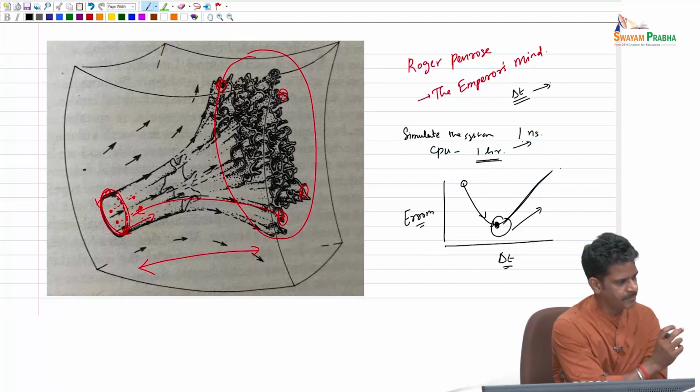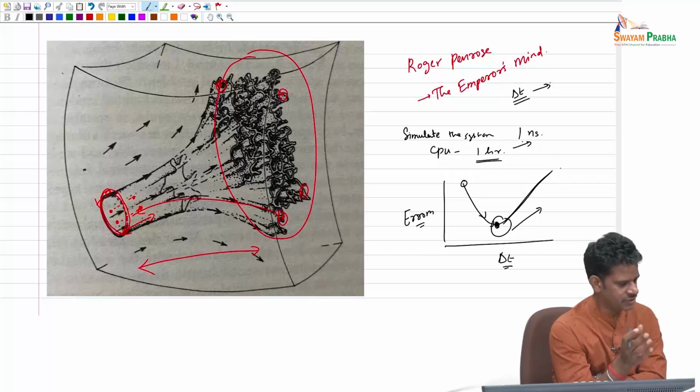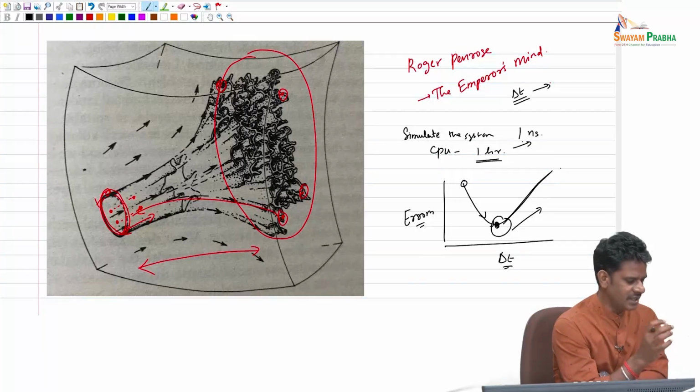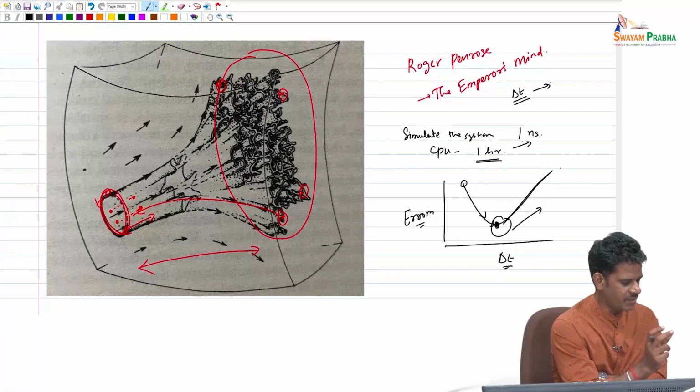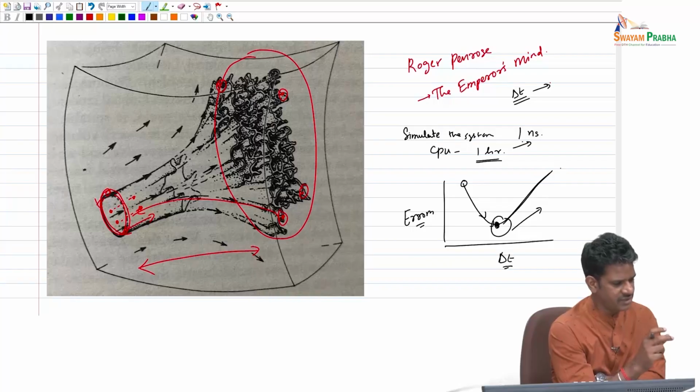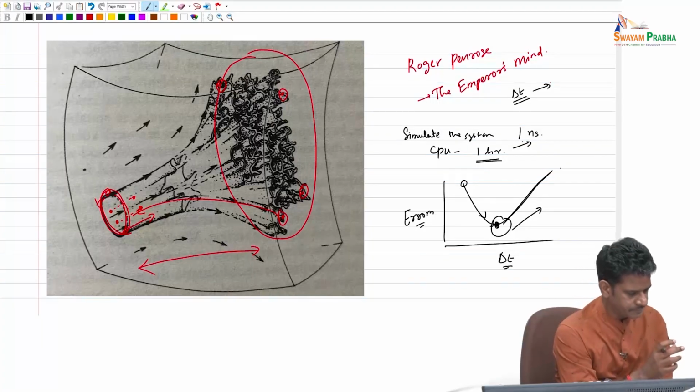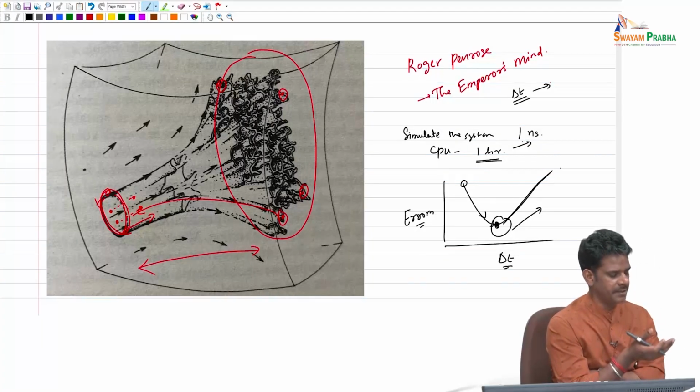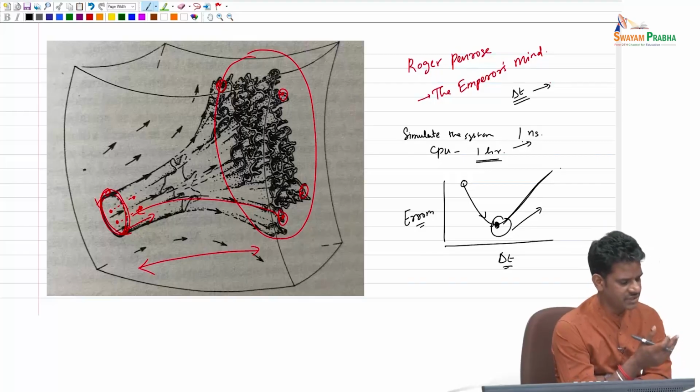You can use a smaller time step for the bond vibration and a larger time step for the molecular motion. The other way is, in the larger time scale, you can imagine that the bond vibration can be averaged out. You can think of the bond as having a constant bond length, so you don't worry about the local fluctuation of the bond vibration. Just treat them as rigid molecules. So there are different ways to approach such a stiff system.